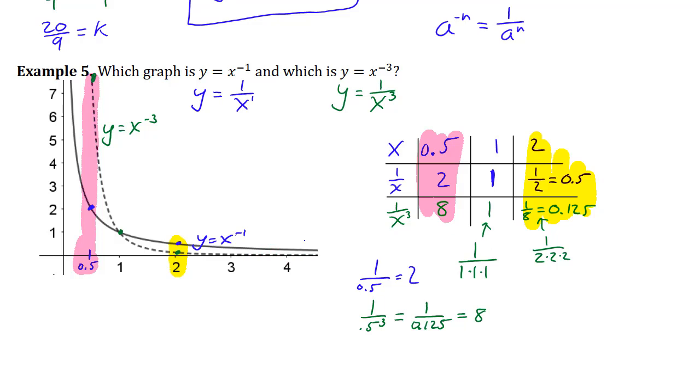And if x is close to 0, then the y-coordinates get really big. But the difference is that if x is bigger than 1, the one with the bigger negative power of x, or the bigger exponent in the denominator, ends up getting closer to 0. So this value of y gets close to 0 faster than x to the negative 1 does.